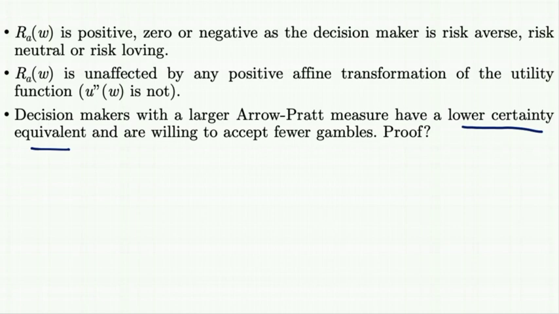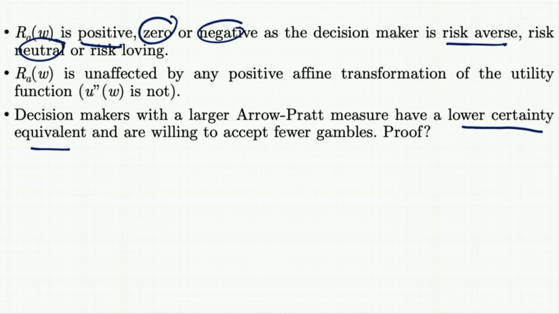So here we have a positive value for our example, so that person is risk averse. But if you have 0 for the answer, then this person is risk neutral. If you have negative, then this person is risk loving.